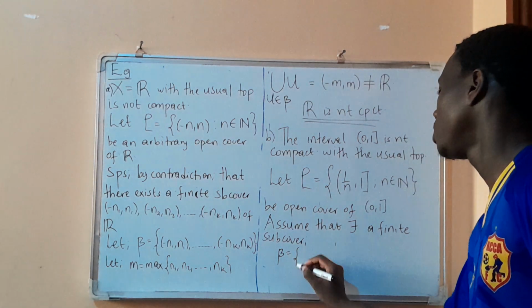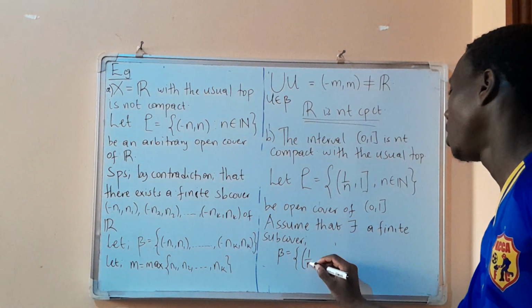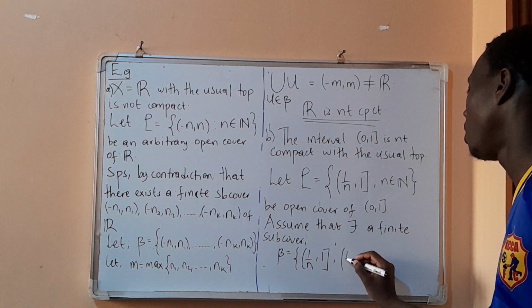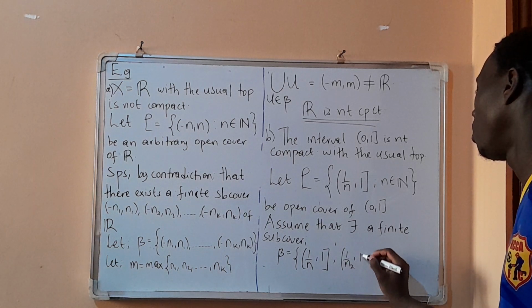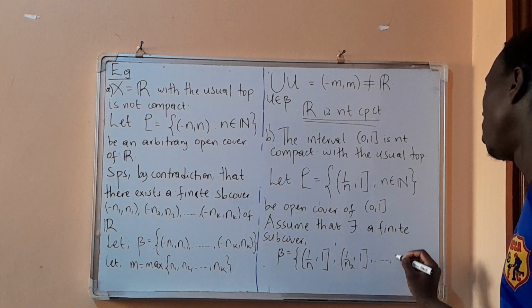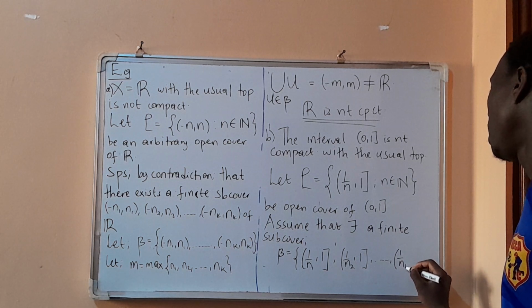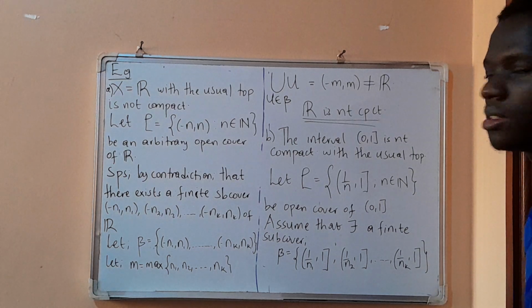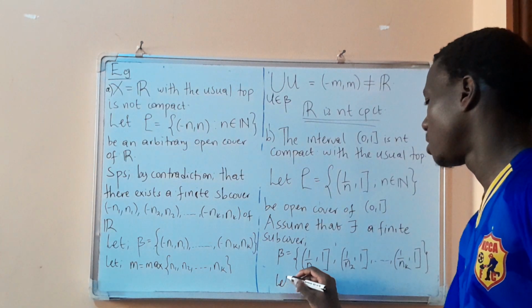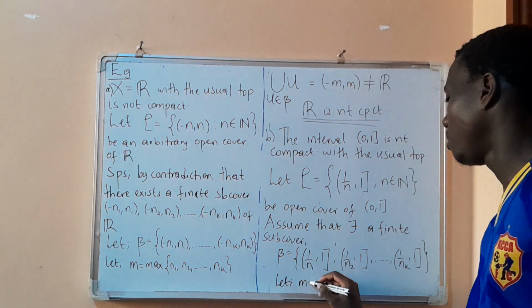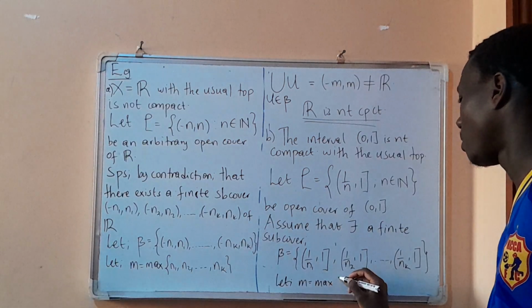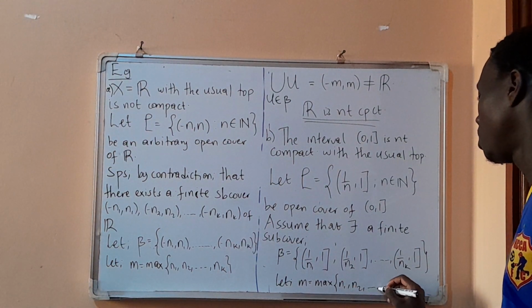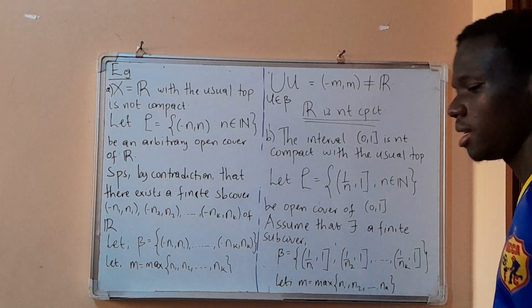So this beta is a collection of 1 over n1, 1, 1 over n2, 1, up to 1 over nk, 1. Now we are going to let m be the maximum of n1, n2 up to nk.